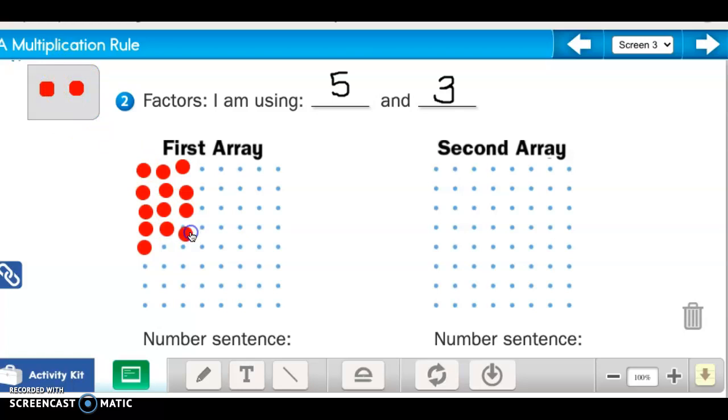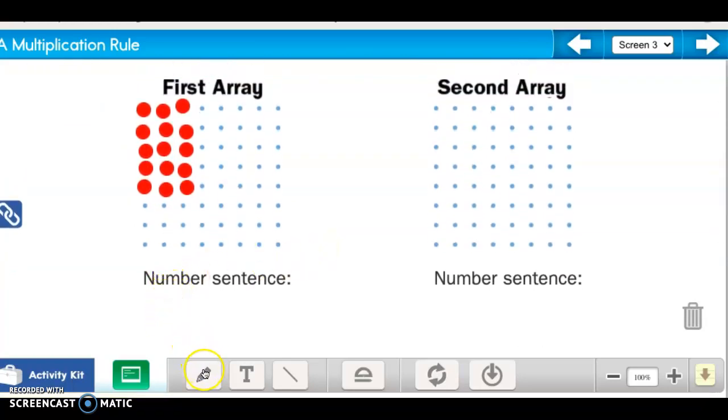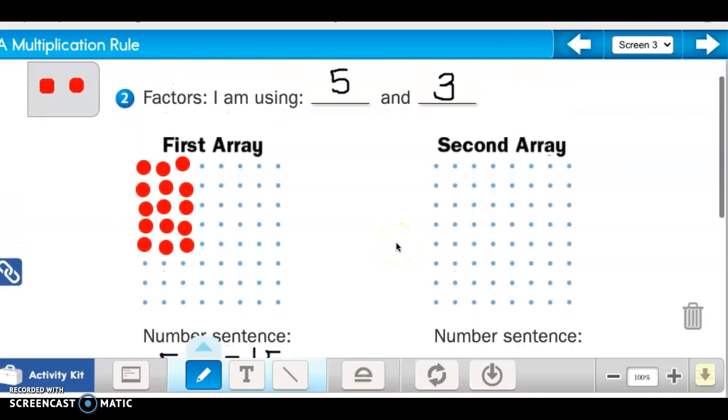And the last row, 1, 2, and 3. So our number sentence would be, okay, we have 5 rows times 3. 5 rows of 3. How many dots do we have? You can count by 5s 3 times, or you can count the dots, and you should have gotten 15 as your answer.